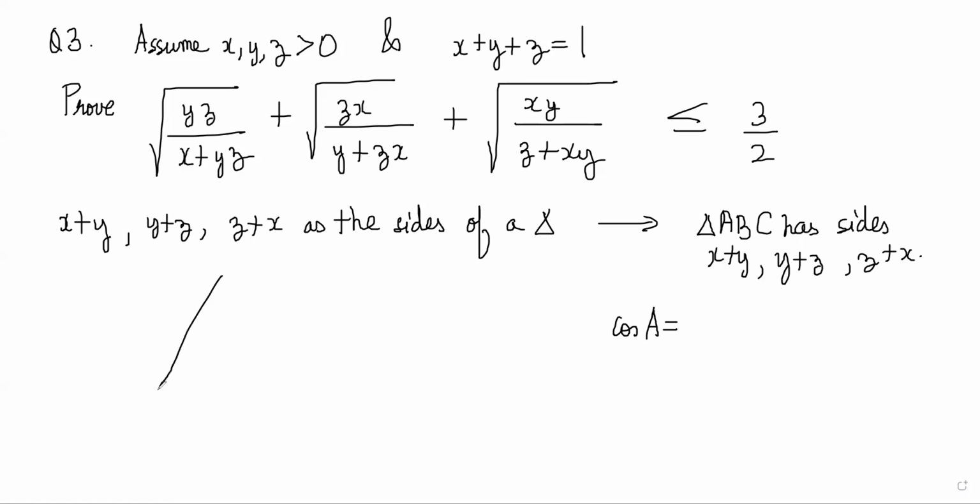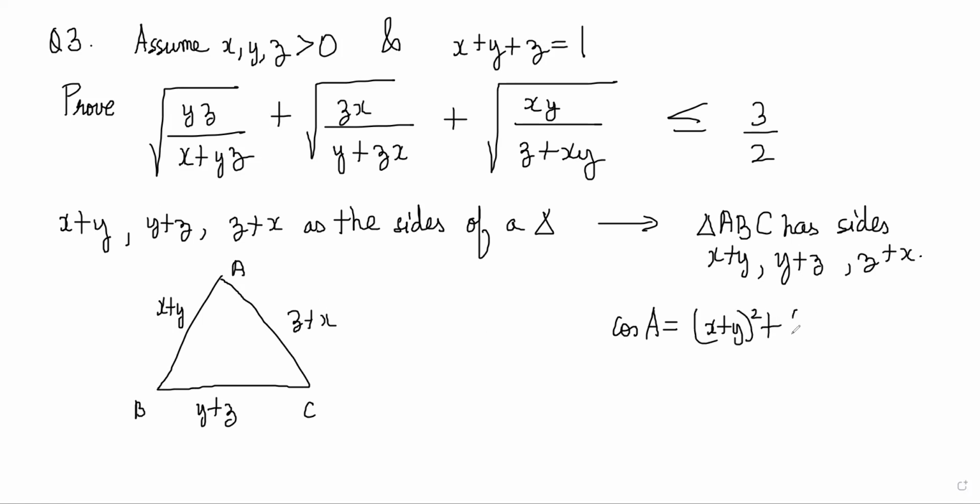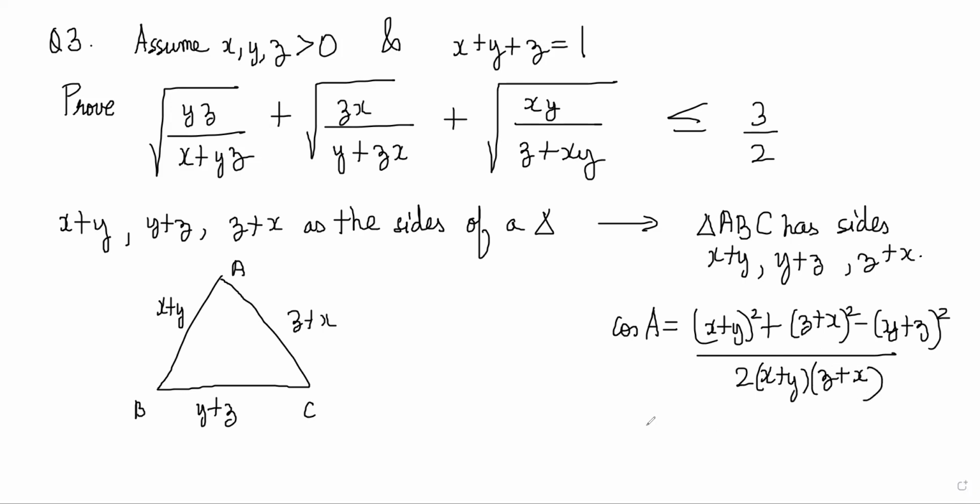No, actually the triangle sides are like this, A, B, C. So opposite to A side, we can say is y plus z, and opposite to B side is z plus x, and this is x plus y. And then we can say that cos A is x plus y whole square plus z plus x whole square minus y plus z whole square by 2 times x plus y into z plus x, right?